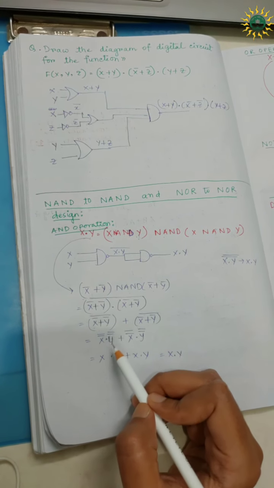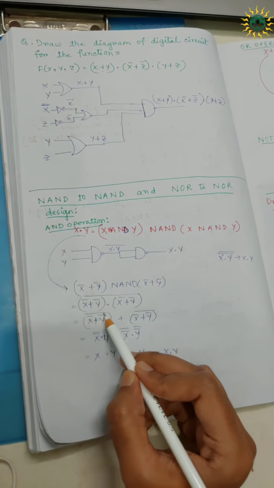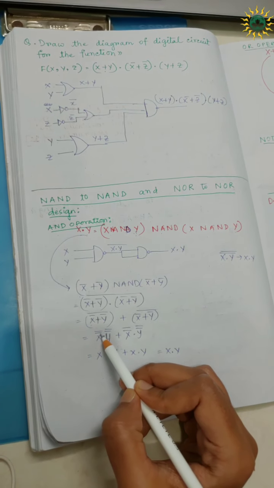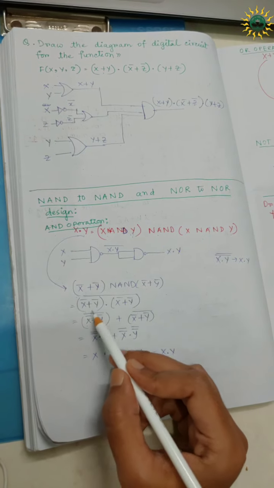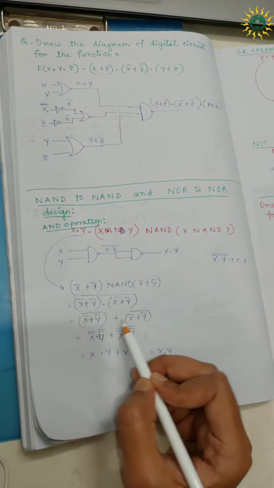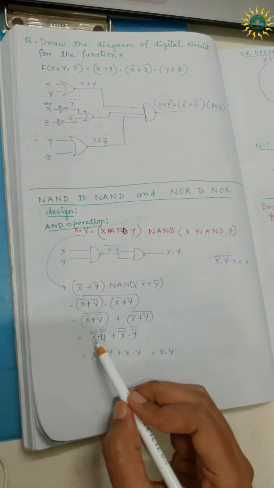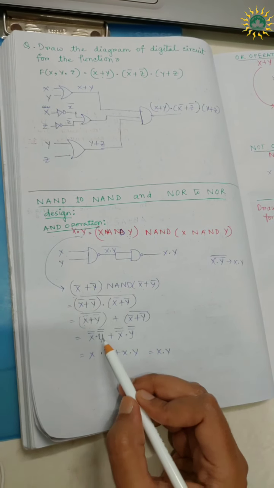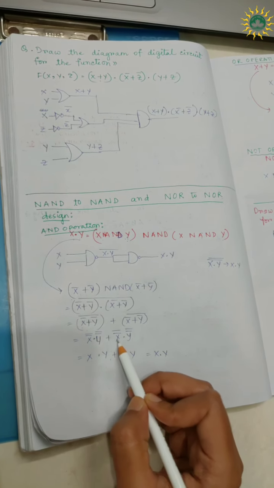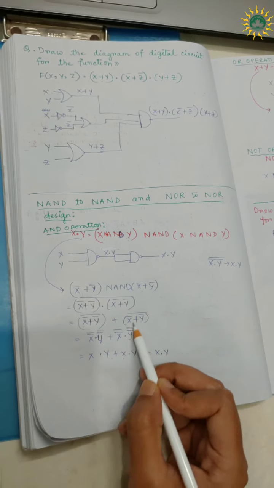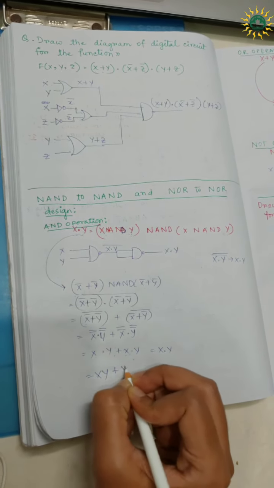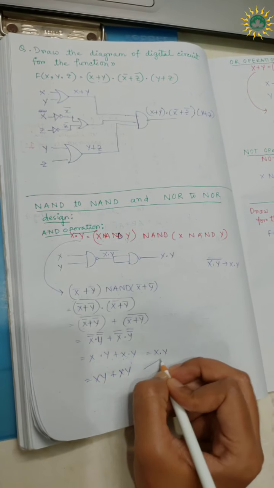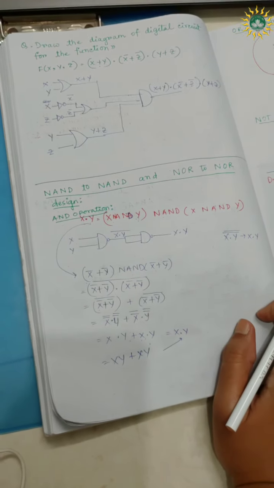X already had a bar, I am putting another complement here. Y already had a complement, I am putting the complement again, plus the same thing. Now x bar bar will give you x, y bar bar will give you y. That gives you x plus y.